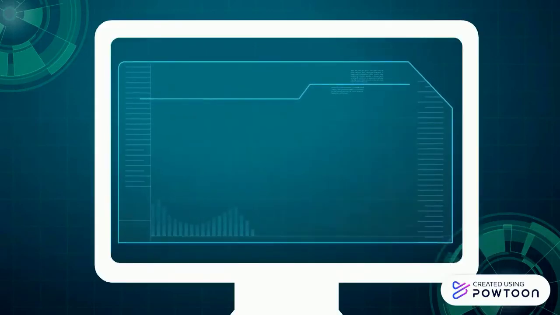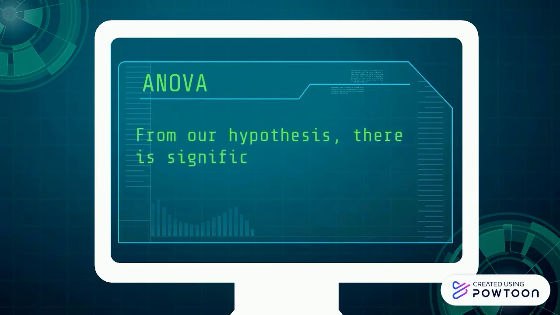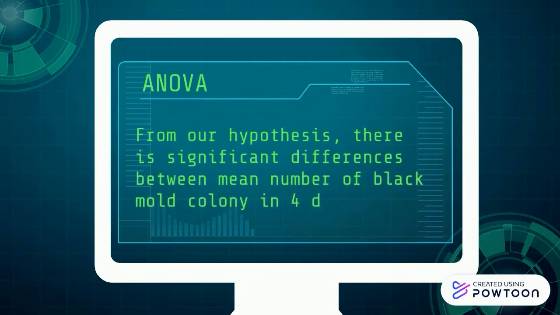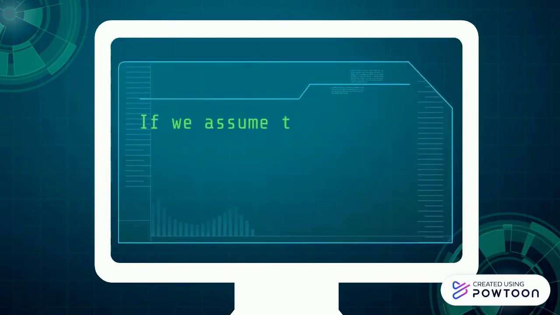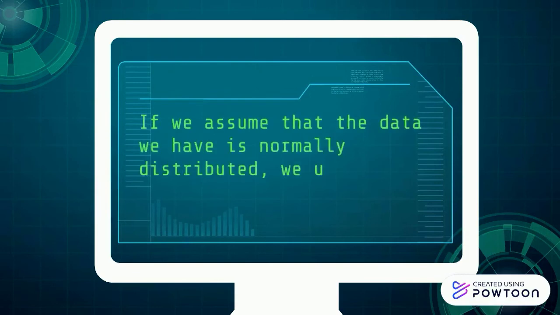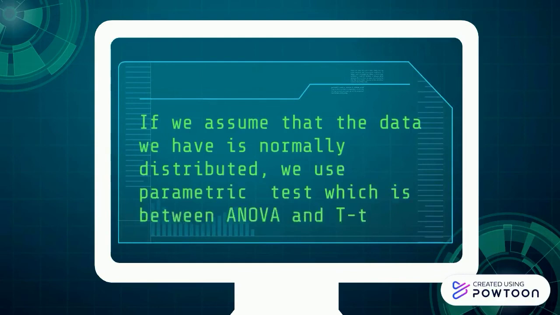The statistical analysis that we choose to use is ANOVA. We choose this because from our hypothesis, there is significant difference between mean number of black mold colony in 4 different environments. If we assume that the data that we have is normally distributed, we use parametric test, which is between ANOVA and t-test.